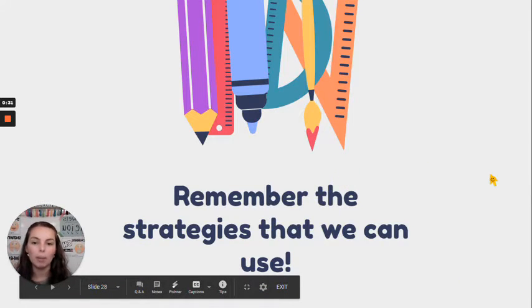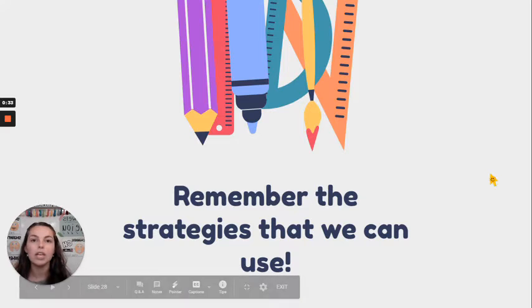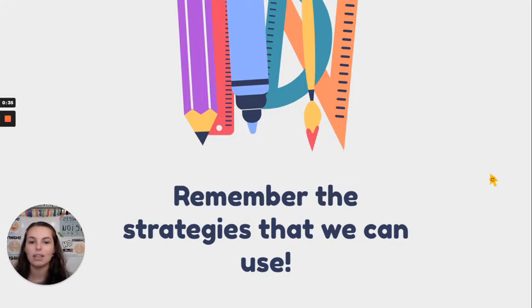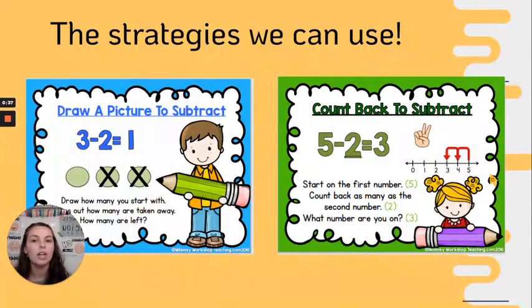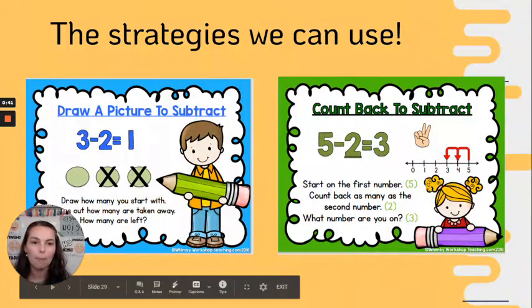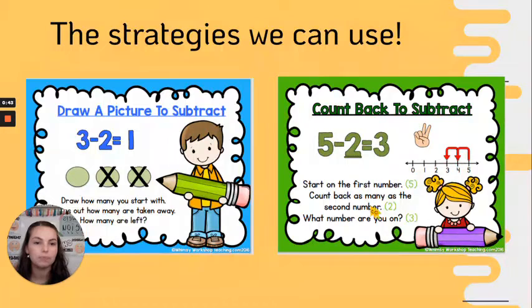So let's try to remember the strategies that we can use to help us subtract, take away. We can draw dots and X's to cross them out, and we can count back. And I want to mention on counting back, we start on the first number, but then that one doesn't count.